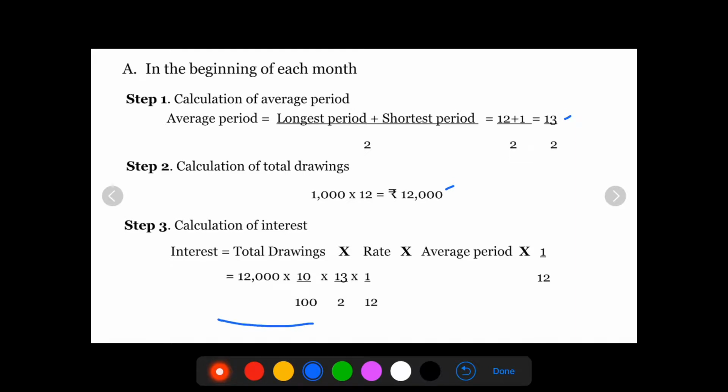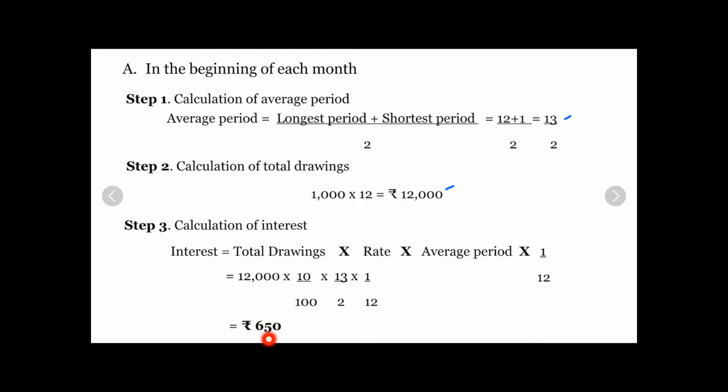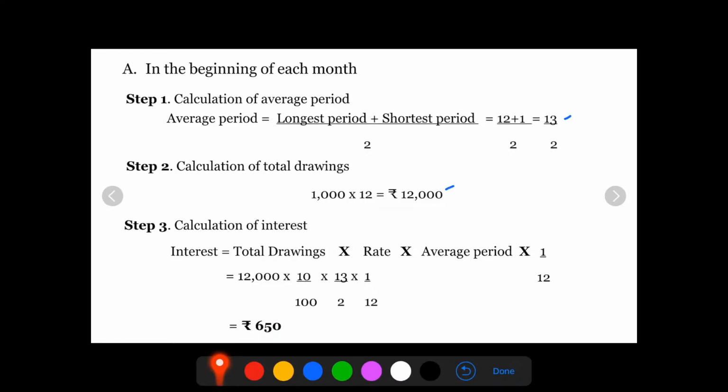If you multiply, we will get interest on drawings. If the withdrawal happens in the beginning of each month, it is rupees 650.